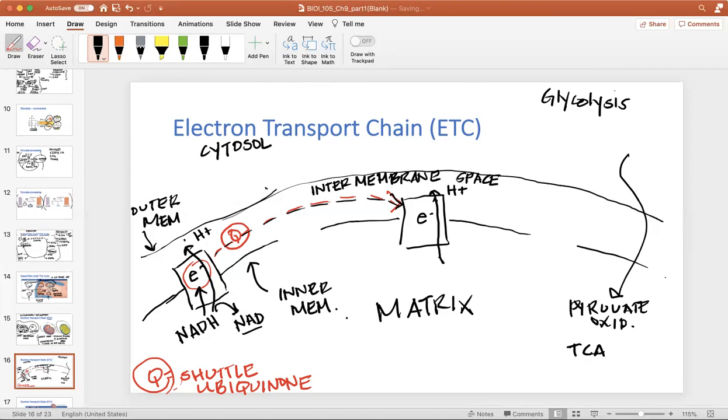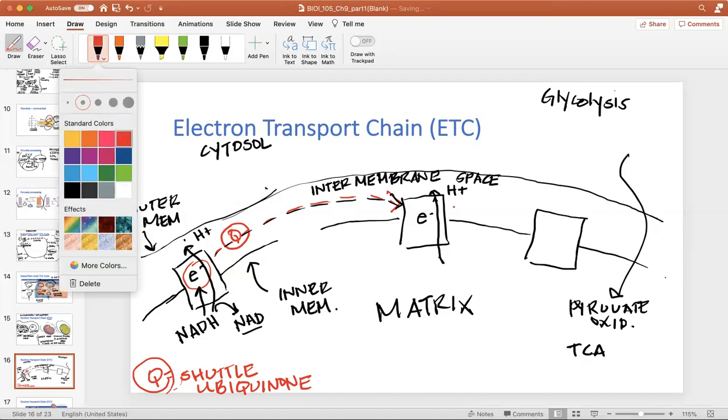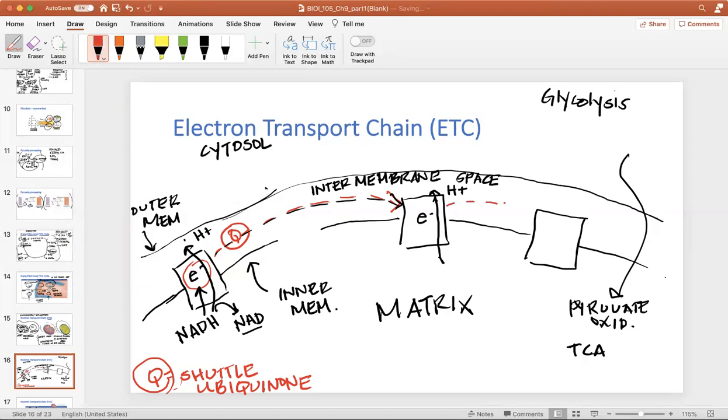All right. Now, this electron still has a little bit of energy left in it. We've used up some energy. We had a bunch of energy in this electron, brought it over here, had some energy in this electron. We're going to actually move it one more time using Q again.